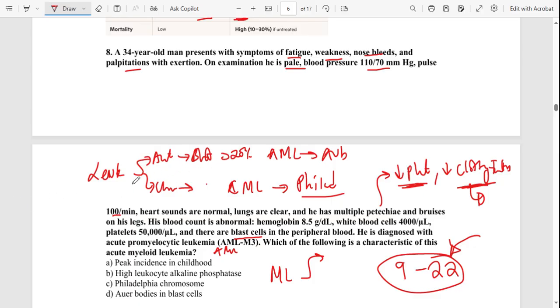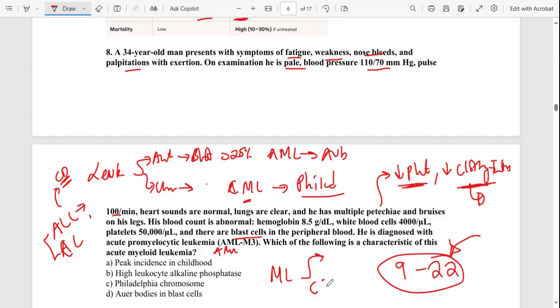Because this is the myeloid ones, if we are talking about the acute lymphocytic and the chronic lymphocytic, for these ones you are going to use, not really the tumor markers, but cytogenetics, where you are going to be looking at the CD.